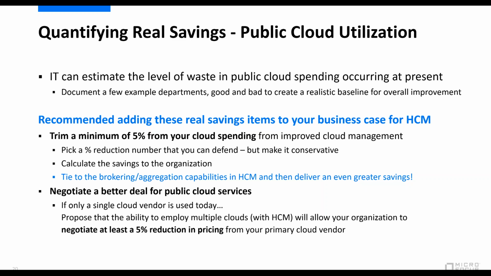And if we can show that we can better control that cost on an ongoing basis, that's a great justification for the use of a better tool. So that's what we recommend you do. And the second part, down at the bottom, is that you can also use effective hybrid cloud and multi-cloud management as an ability to negotiate a better price from your cloud vendors. And we've seen this work for customers.